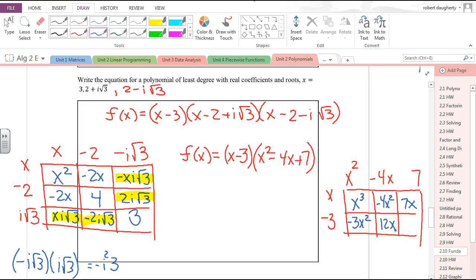Negative 3 times 7, negative 21. So my final answer, drum roll please, is what? X cubed. Then what? Yeah, minus 7x squared plus 19x minus 21.